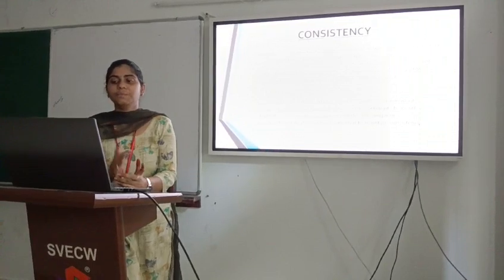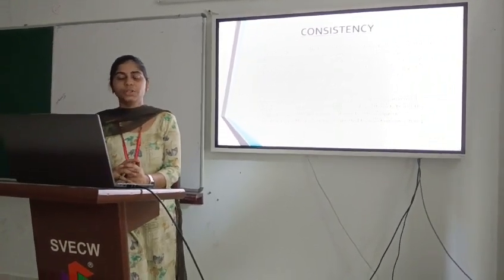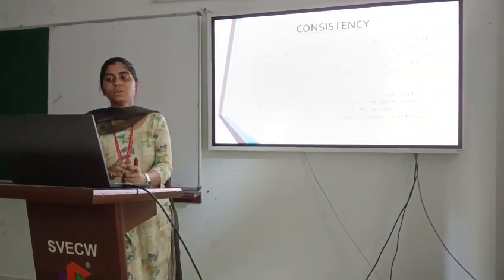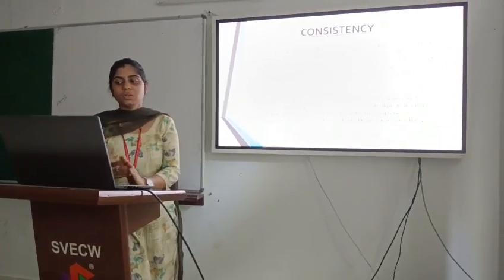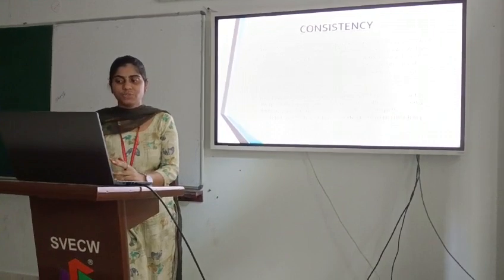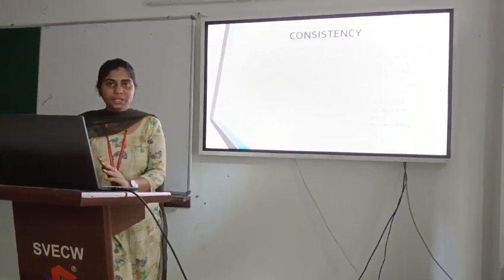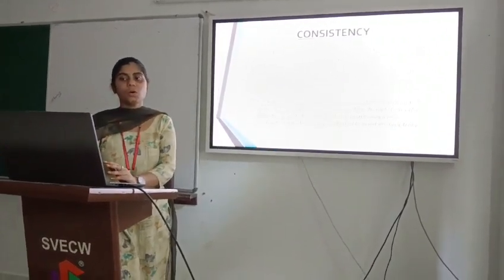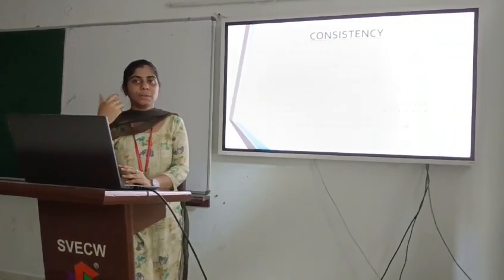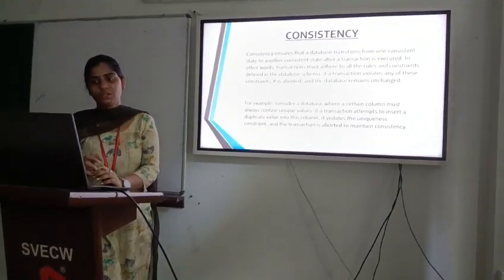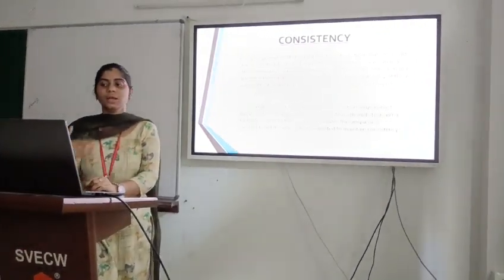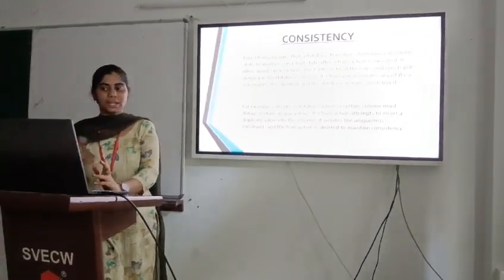So the transaction must follow the rules and constraints of that. If a transaction violates these constraints, it is aborted and the database remains unchanged, so there is no change in any of the accounts.